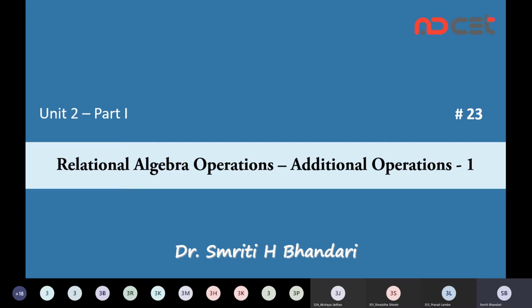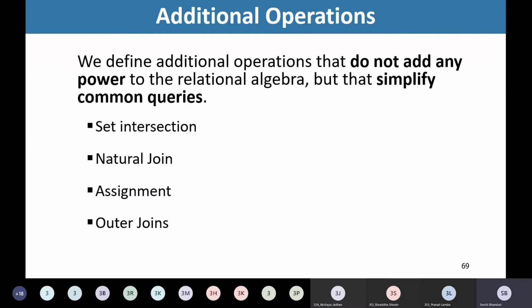So what are those additional operations and why are these operations being proposed? We define these additional operations that actually do not add any power to the relational algebra. I'll repeat, the additional operations do not add any power to the relational algebra.